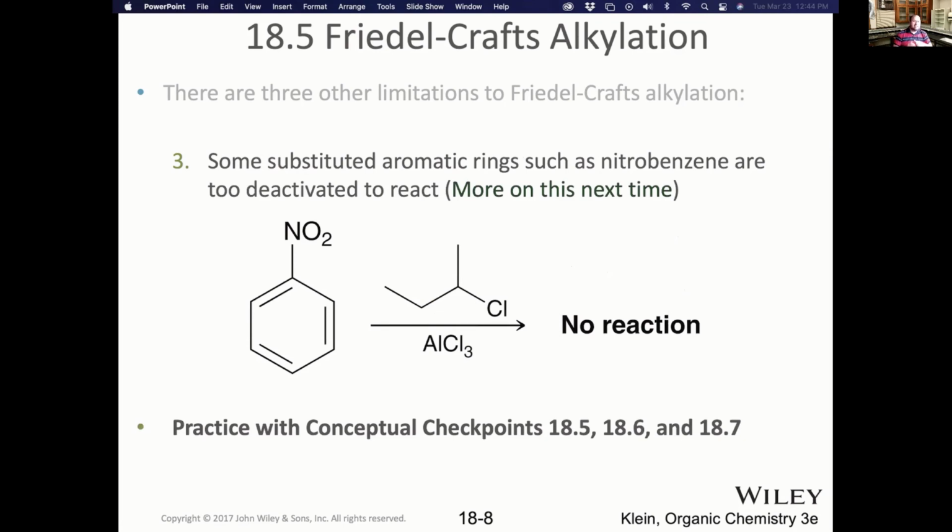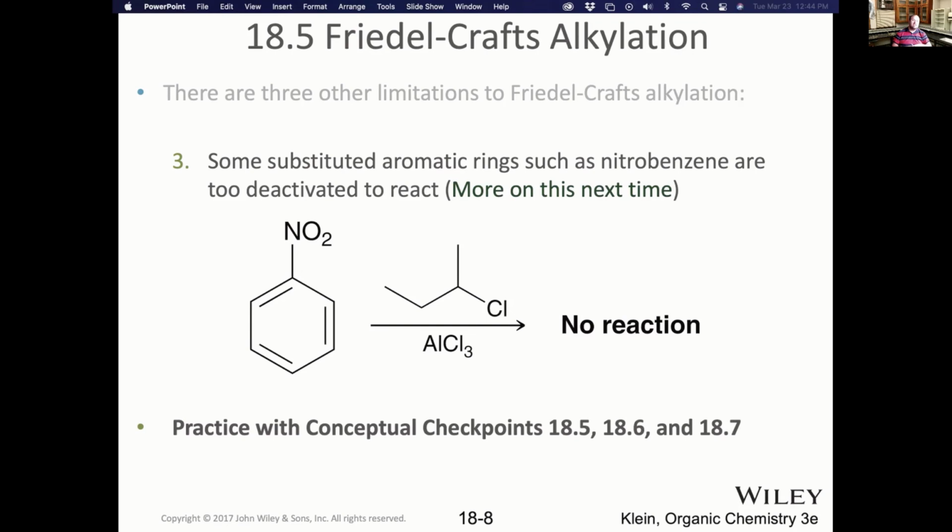The last limitation of Friedel-Crafts alkylation is that some groups, as we're going to learn in the next lecture, are deactivating groups. Just like alkyl groups activate the benzene ring, and thus we have to worry about polyalkylation, there are some groups that, if they're already attached to the benzene ring, behave as deactivating groups.